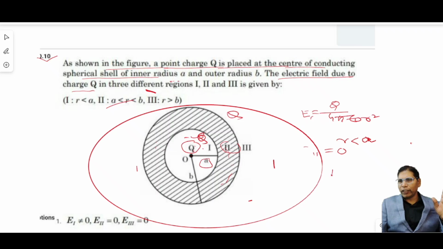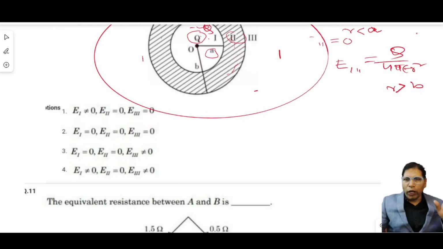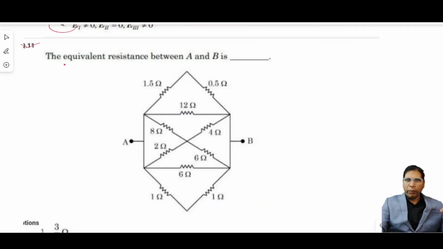So in region 3, the electric field is equal to Q divided by 4 pi epsilon naught R square, where R is greater than B. Okay. So look at this, the options are: E1 and E3 are not 0 but E2 is 0. Option 4 is correct.